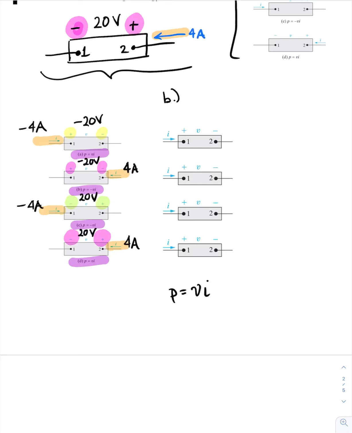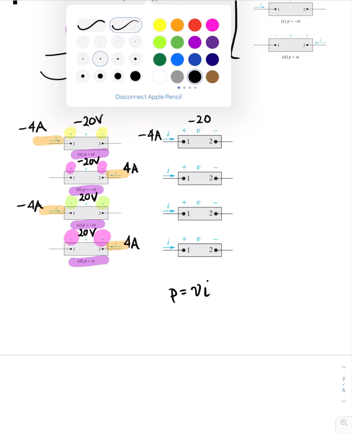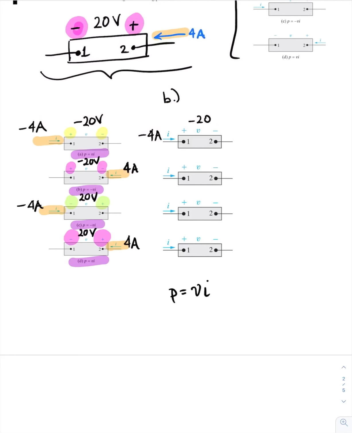So in our first circuit, the current is in the same direction and the voltage polarity is the same as circuit A. Circuit B, the current is in the opposite direction, so the sign of our current would change, and the polarity of the voltage is the same between the two elements.